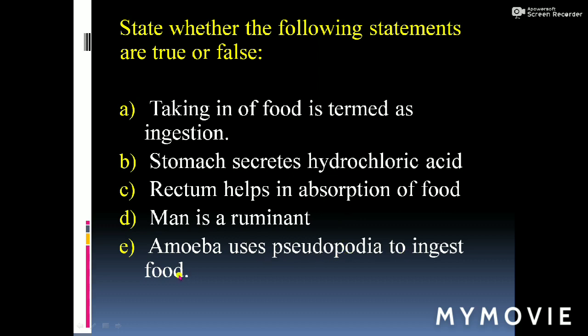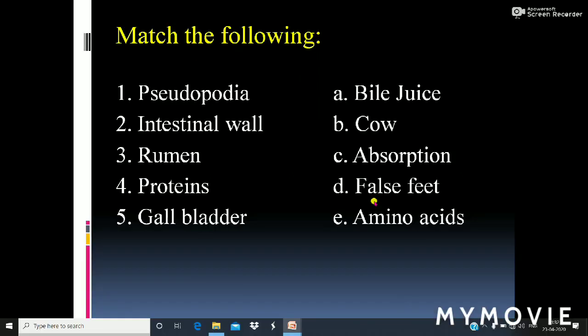Amoeba is a unicellular animal. In the next class we will discuss the food habit and the life cycle of amoeba, that unicellular animal. Now see the match the following.